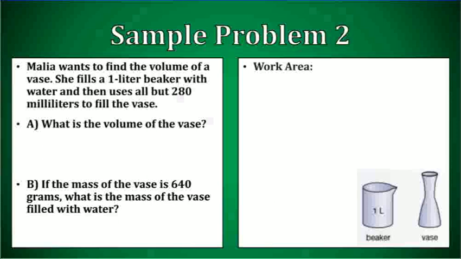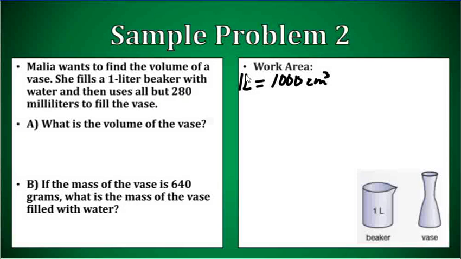Second problem. Volume wants to find the volume of a vase. She fills a 1 liter beaker with water and then uses all but 280 milliliters to fill the vase. What is the volume of the vase? Since 1 liter is the same as 1,000 cubic centimeters, and we're looking at volume, we have to have it in cubic centimeters.